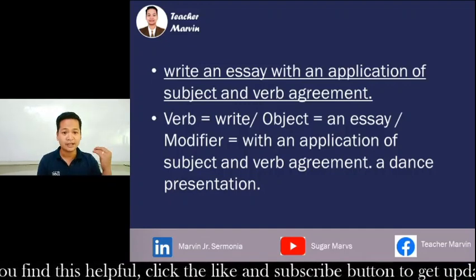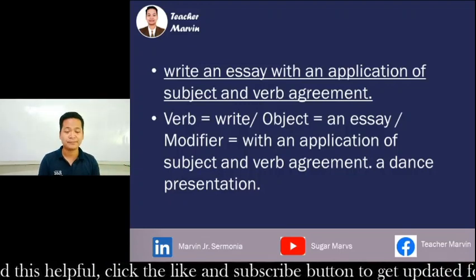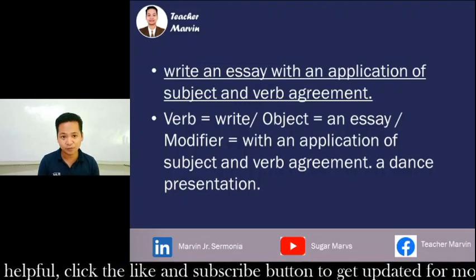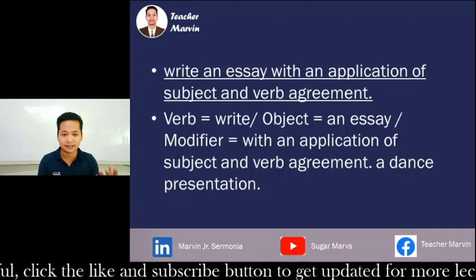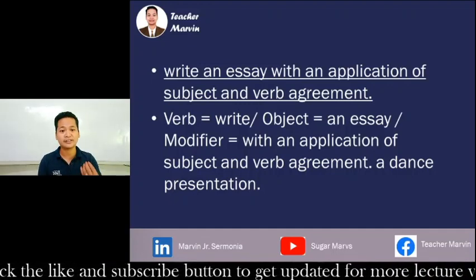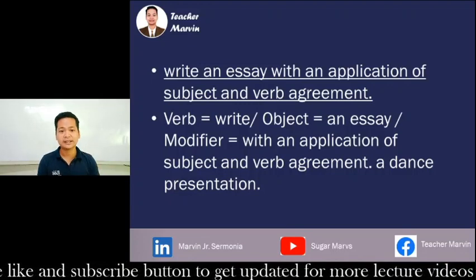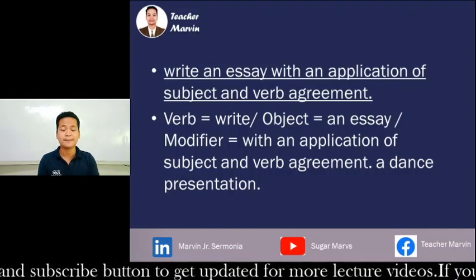Okay, we have the cognitive, affective, and psychomotor domain. Again, cognitive, affective, and psychomotor domain. So when we say cognitive, these are the thinking skills of the students. Affective, these are the attitude, values that you wanted to instill in the mind of the students. Okay?